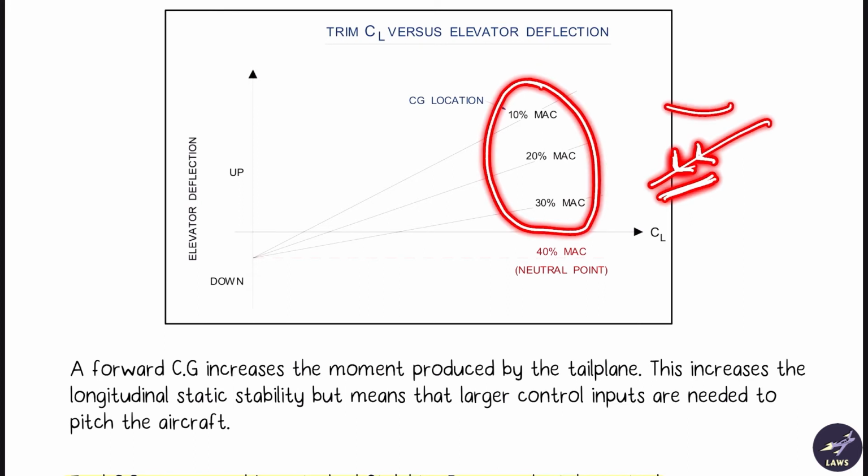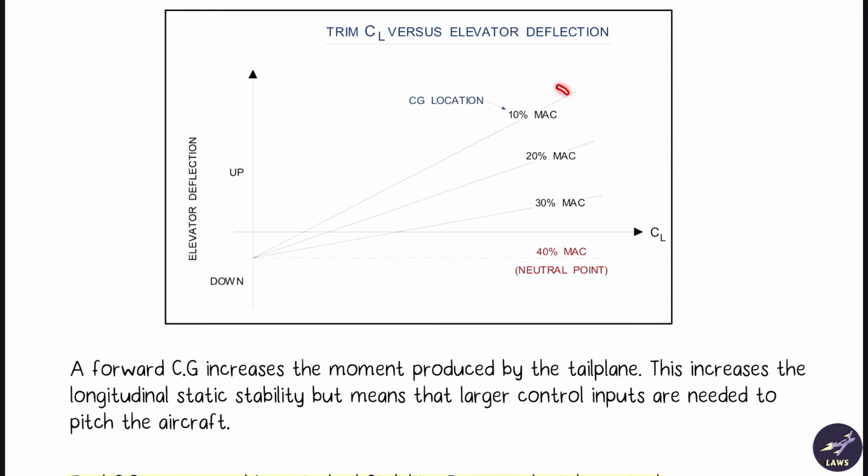If the pilot wants to pitch the aircraft up, the elevator has to deflect up to a greater degree to pitch the aircraft up. So this is the case at forward CGs.